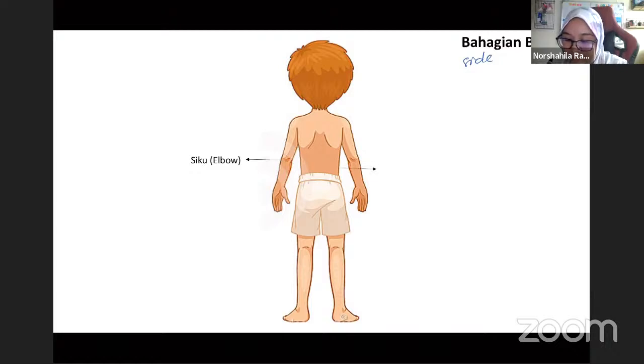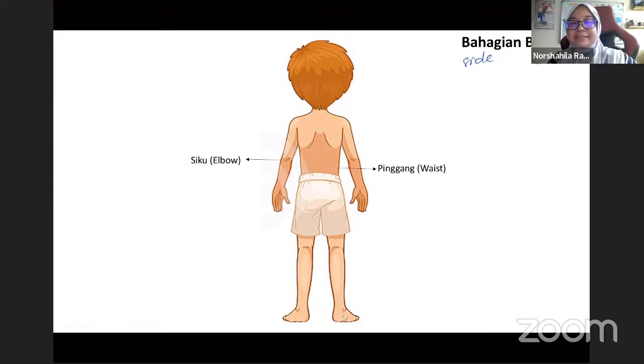Then we have the waist part. This is the longest name that we have, but only 2 syllables. But maybe for some of you, it's very difficult to pronounce because they have the double NG. Okay, the waist part we call as pinggang. You need to pronounce the ping first and then the gang.